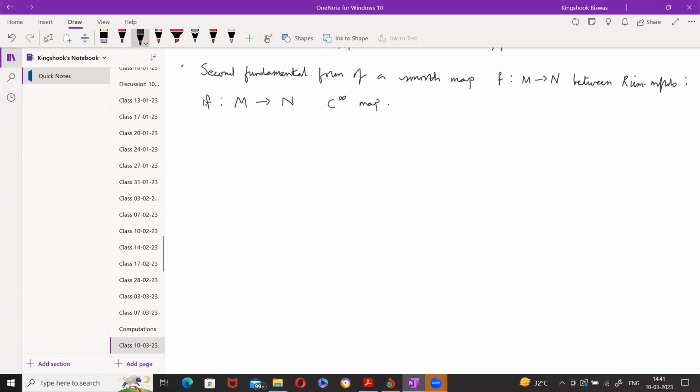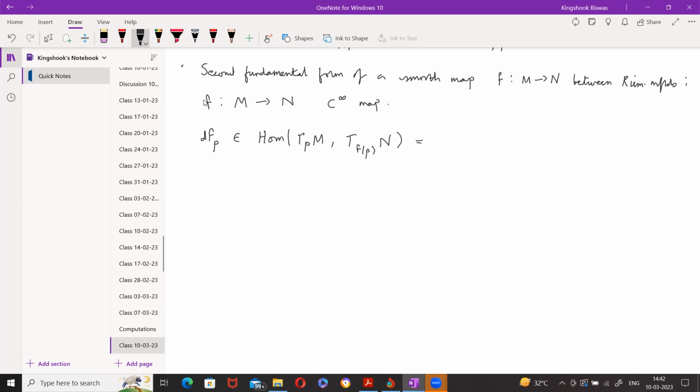Now, DF at P is a linear map from T_P M to T_{F(P)} N.